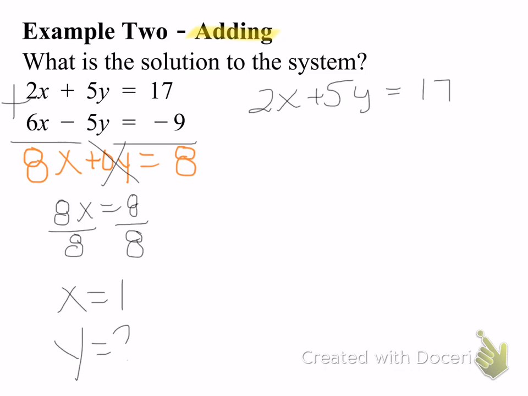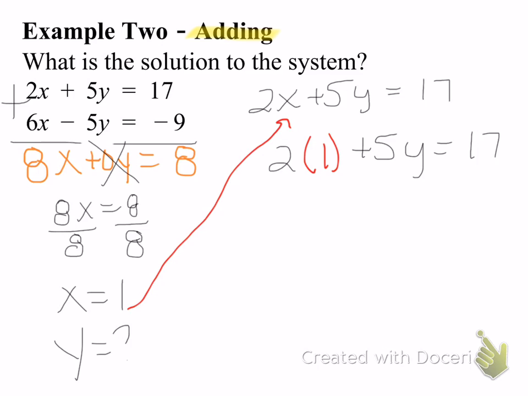Well, let's go ahead and plug this 1 in for x. So we've got 2 in parentheses times 1 plus 5y equals 17. Well, this is going to change to 2 plus 5y equals 17.